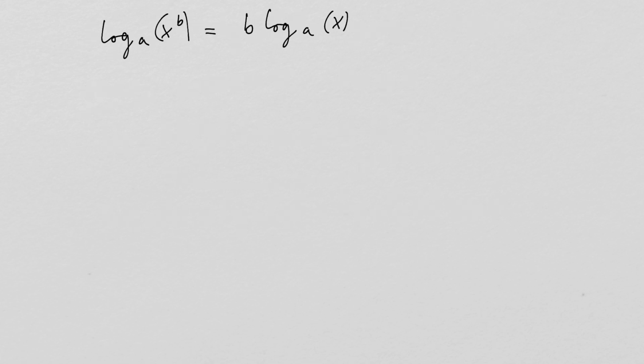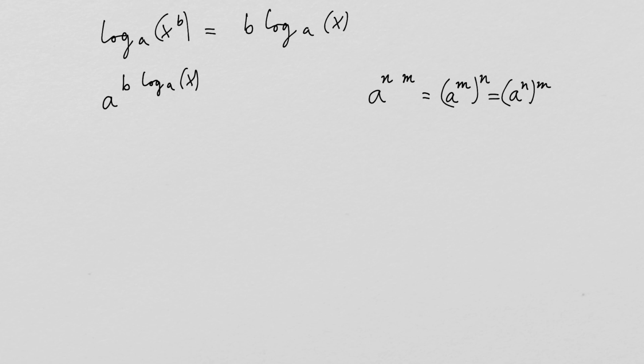How can we prove this formula? If we would take a to the power of the right hand side, we can remember the rule that a to power some product is the same thing as we take the powers separately in any order what we like. So we can express the thing as a to power log a of x to power b.